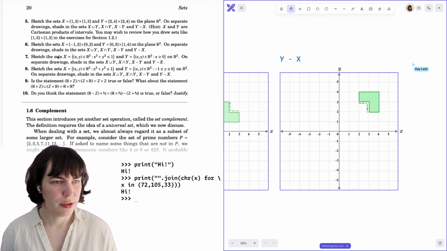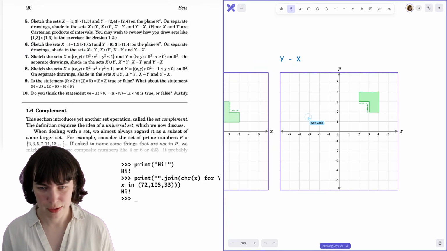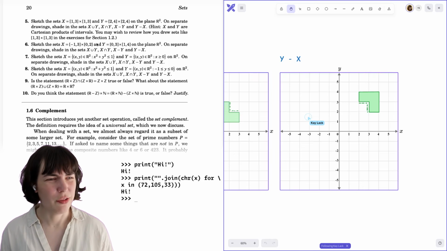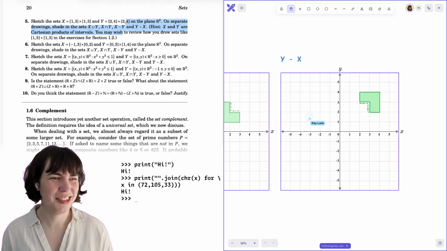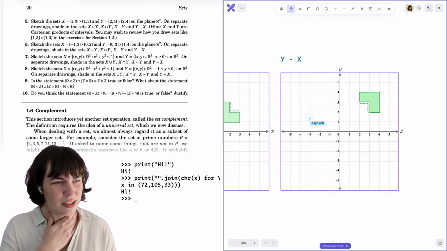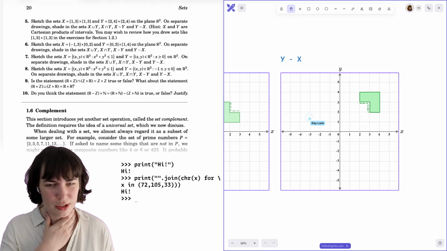Now we've gotten those 6. So these exercises are more interesting, I think. Oh no, wait, 5. I'm supposed to be doing 5. Well, I did it anyway. Okay, 6. It's the same thing, but with a slightly different shape.